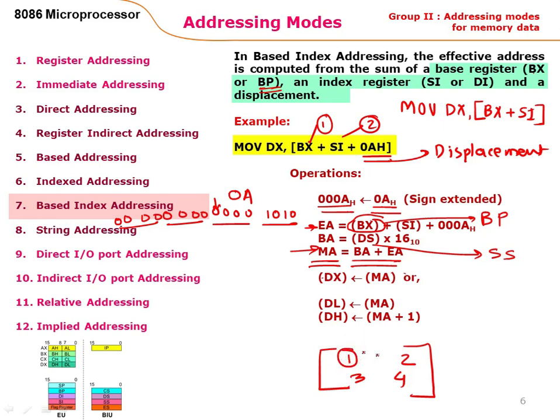To operate on this array, we require two indices, i and j. i is the row number and j is the column number. If i equals 1 and j equals 1, then the first element is selected. Likewise we require two indices, so in such operations we use based index addressing mode.